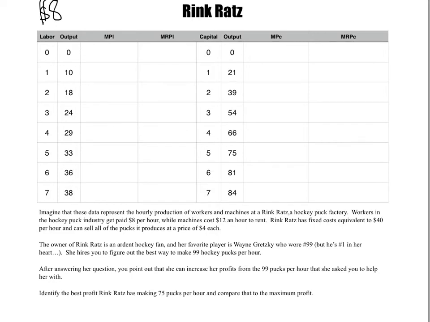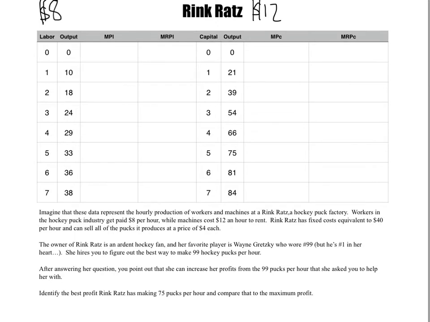So we know that each unit of labor costs $8 for Rinkrats to hire. At the same time, we want to be aware that the cost of the machines, that is the cost of capital, is $12 each. So over here, we're going to put $12 for capital. So that will just be a reminder to us of what we are going to use as our marginal factor costs for both labor and for capital.